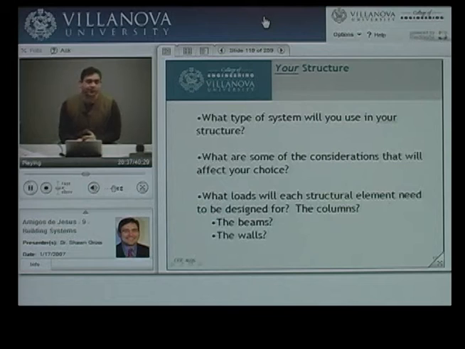What are the walls going to be designed for? Gravity loads, lateral loads, both, the roof, etc. So it's after I decide on a system that I move on to designing the different individual elements. Of course, I have to come up with the actual load magnitudes as part of that overall design process as well.